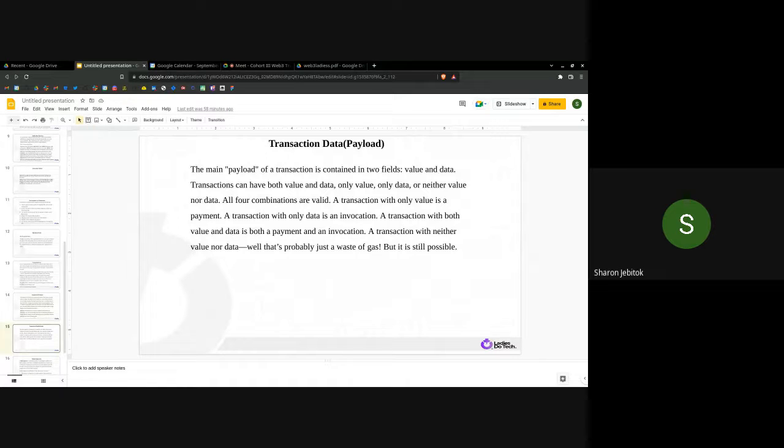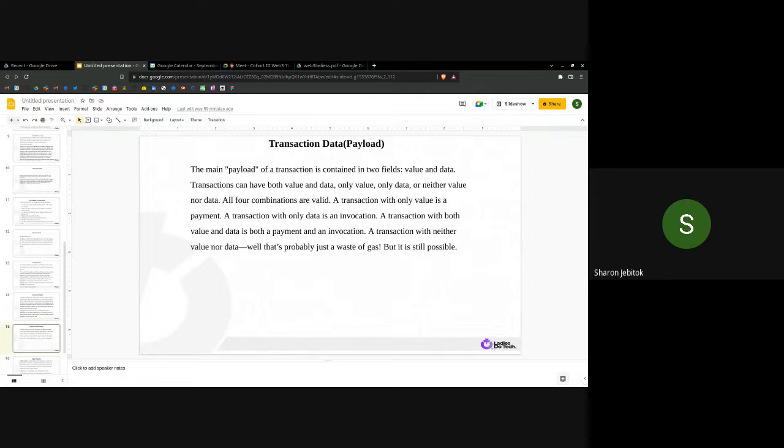The payload of a transaction contains two fields. It has the value and the data, and transactions can have both the value and the data, or only the value or only the data, or it might, let's say this is a field that is optional.